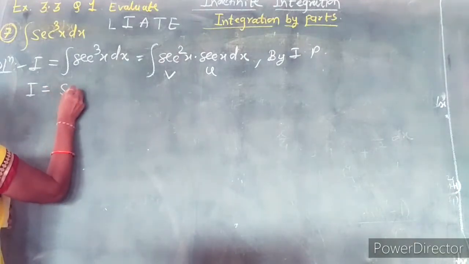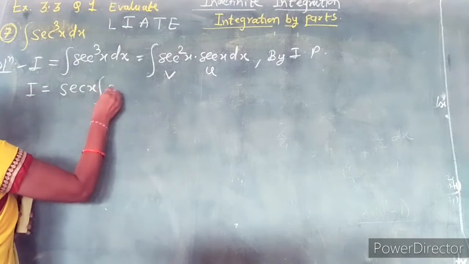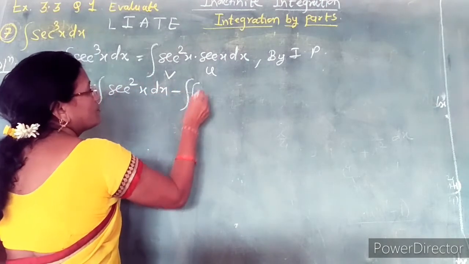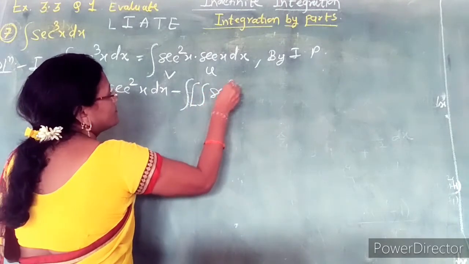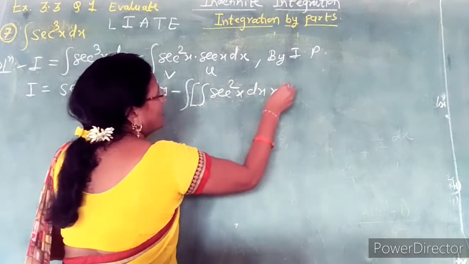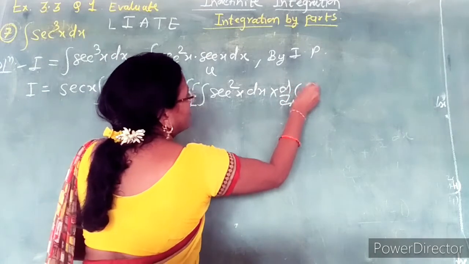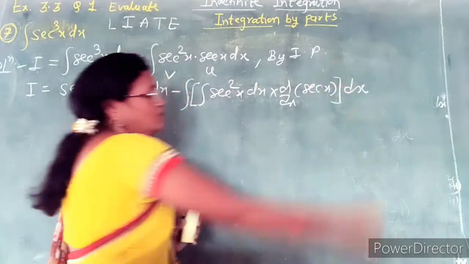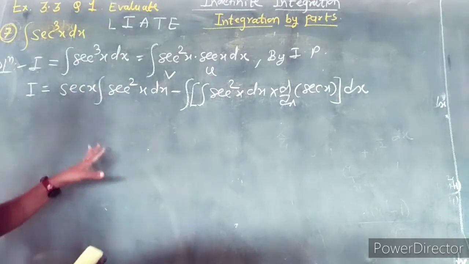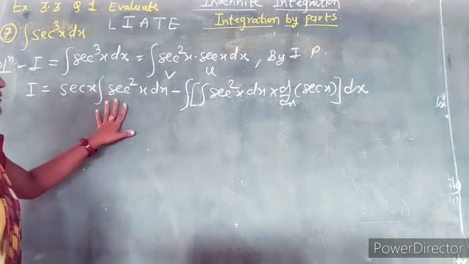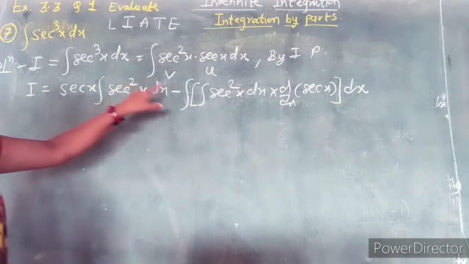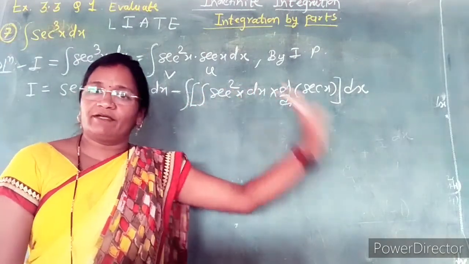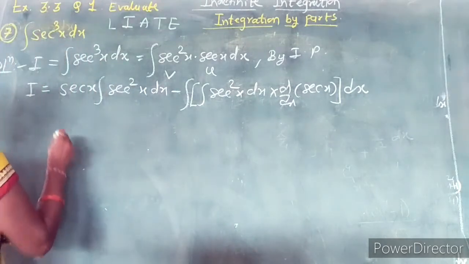First we say u integral v minus outer integral, inner integral v, multiplying the derivative of u, whole this integral with respect to x. This is the longest form, because we write here all terms: u integral v minus outer integral, inner integral v, multiplying derivative of u with respect to x.